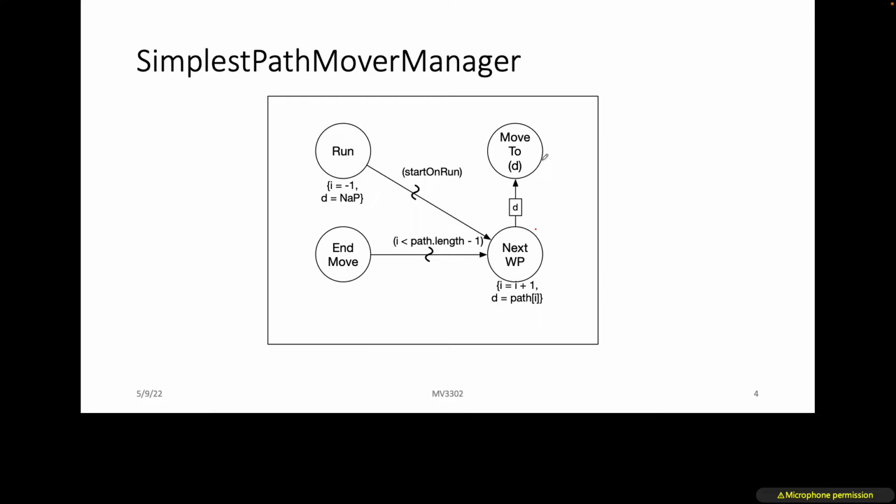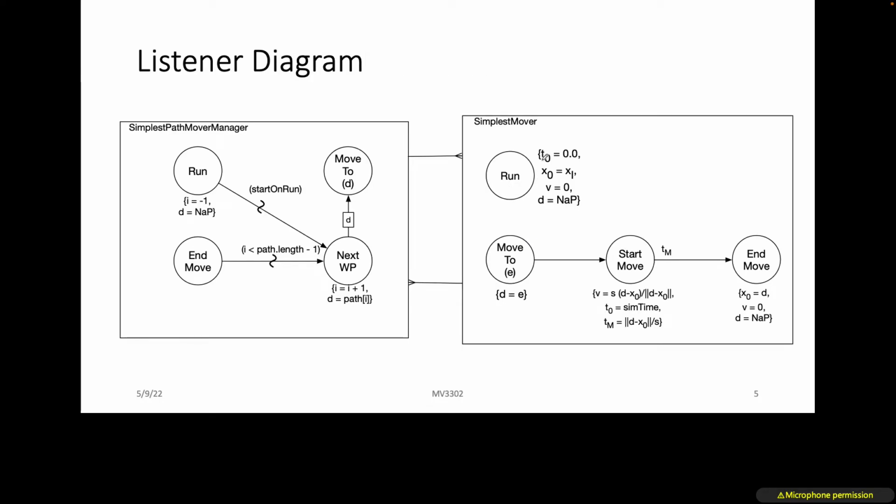And then, as you notice, it doesn't schedule anything else. This is designed with the idea that some other component is going to hear that move to, and then eventually come back with an end move event. So here are the two components. They're listening to each other.